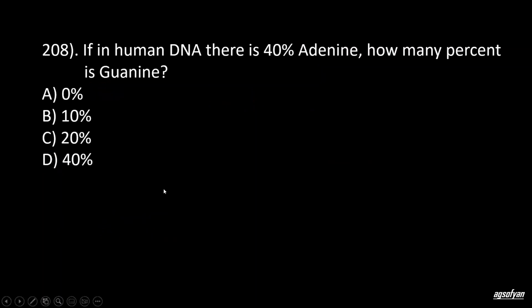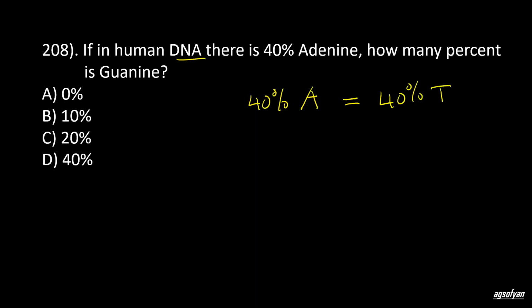If in human DNA there is 40% adenine, how many percent is guanine? 0%, 10%, 20%, or 40%. Remember adenine is 40%. It means that this is DNA, so there will be 40% of thymine.